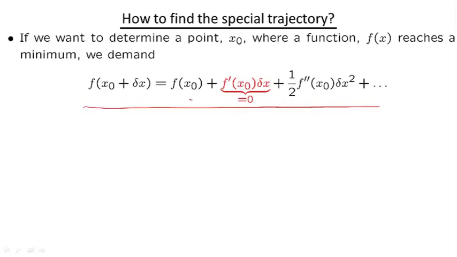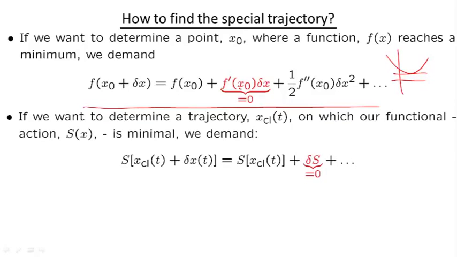It's going to have the value of the function at x0, the first derivative, the second derivative, etc. The minimum of this function is going to occur where the tangent to the plot of f of x as a function of x is horizontal, or where the first derivative vanishes.